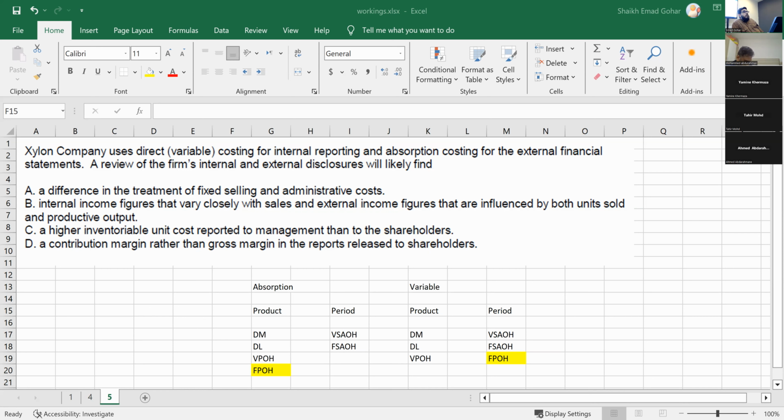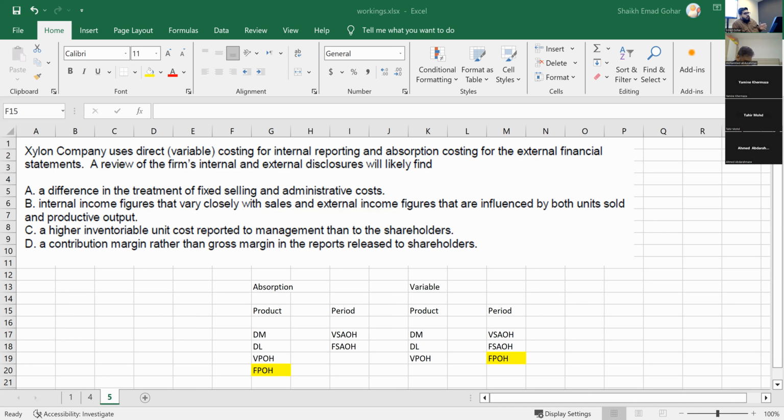Which method can manipulate the profit? Absorption costing. In variable costing, you cannot manipulate the profit, because whatever cost is incurred has to be charged in the same year. You cannot transfer it to the next year. By manipulating the closing stock, you cannot manipulate the profit.